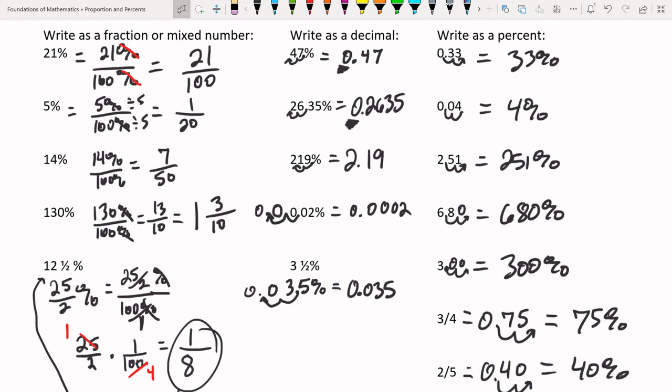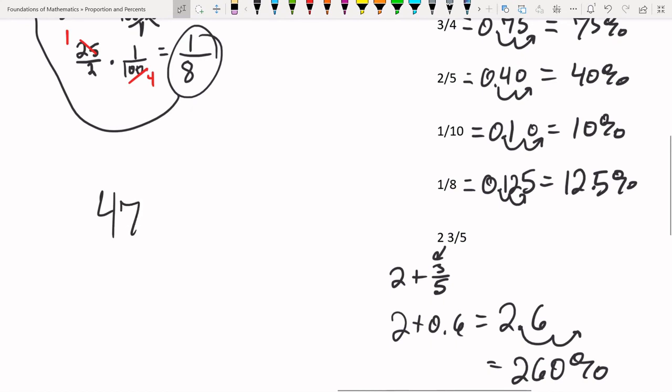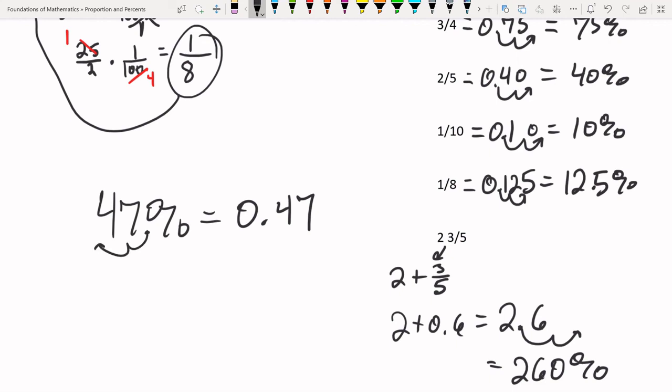The decimal is always going to be the smaller number. As here in this first problem, 47%, right? The number 47 is much bigger than the decimal representation of 0.47. All you have to do is move it 2 spaces forward or 2 spaces backwards to go either way that you want to go.